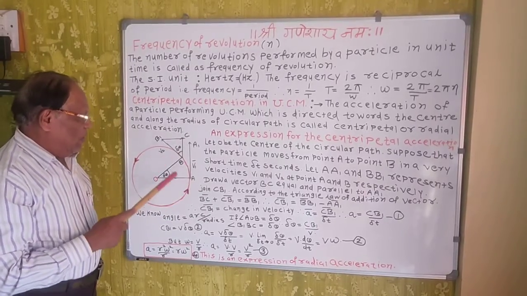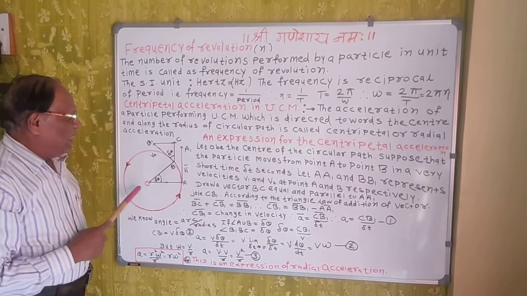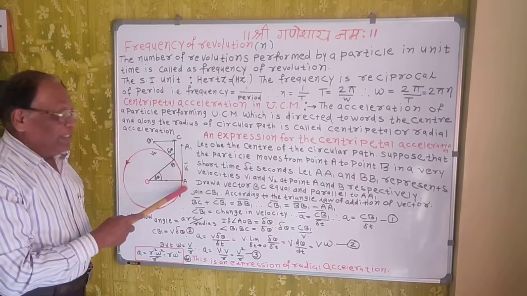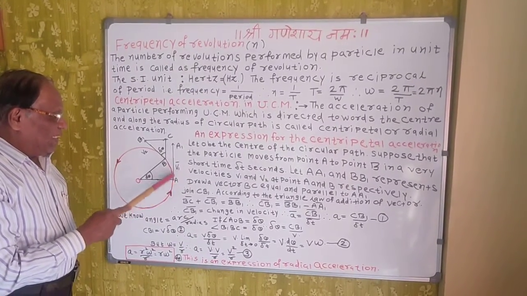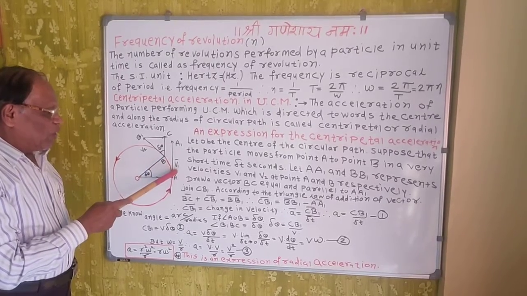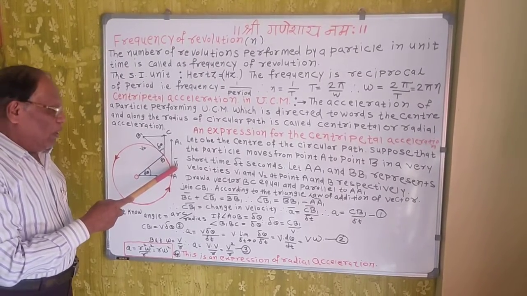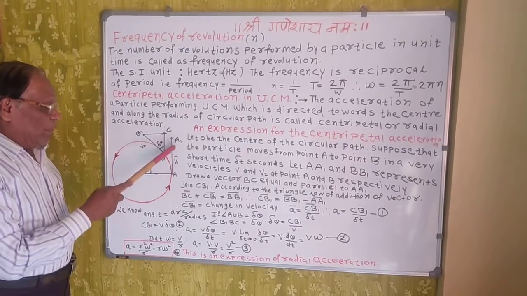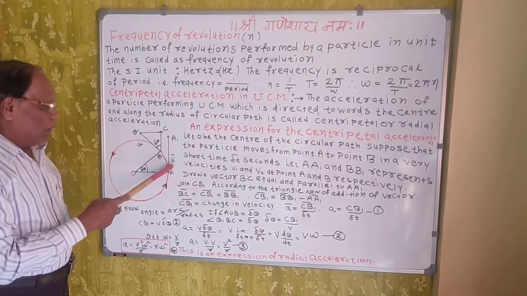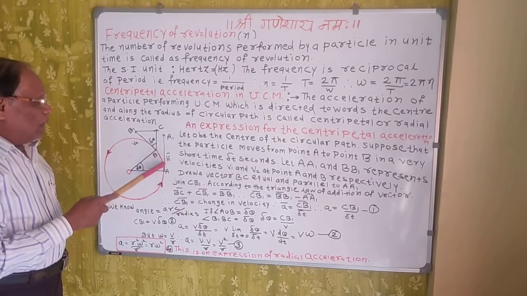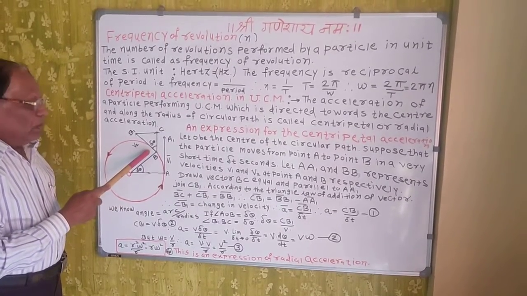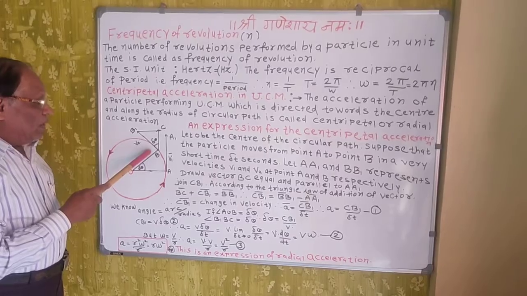Draw a circle, and initially let us suppose the particle is at the point A. It is moving with a linear velocity v1, that is AA1 is equal to v1 vector. After a time of delta t seconds, let the particle move to the point B.